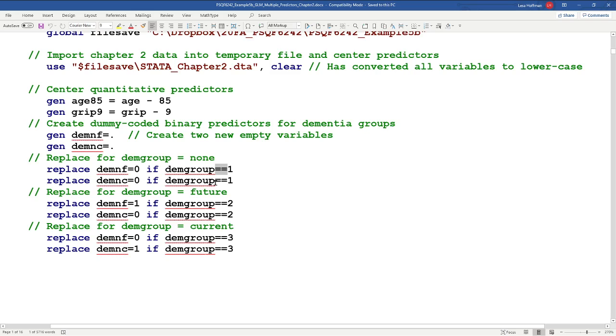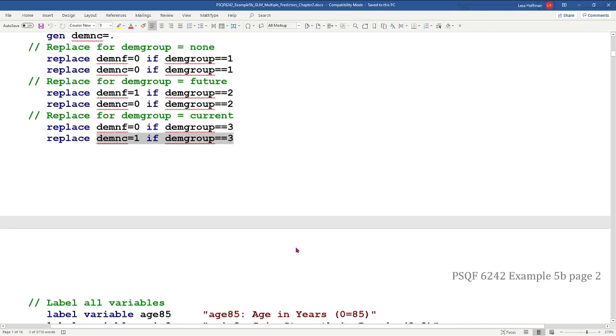So if dem group equals 1, then we want each of my new variables to take on 0 values. If dem group is 2, the first variable takes on a 1 instead, and if dem group is 3, the second variable takes on a 1 instead.